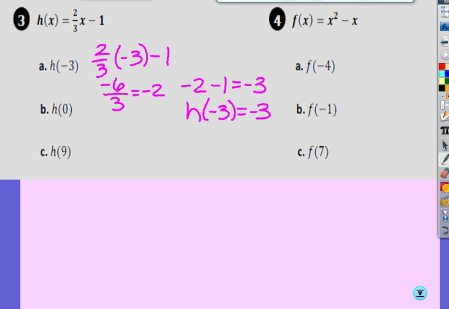For the next example, I will put 0 in for the x. Any number times 0 is 0. And 0 minus 1 is negative 1. Therefore, h of 0 equals negative 1.